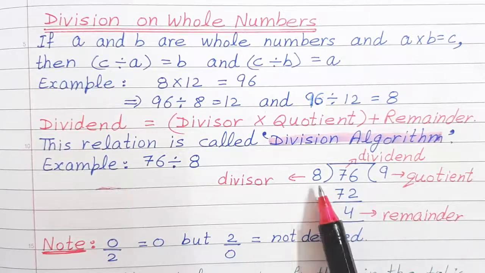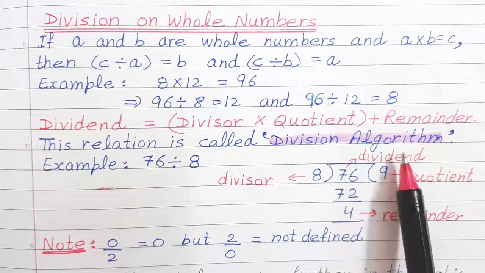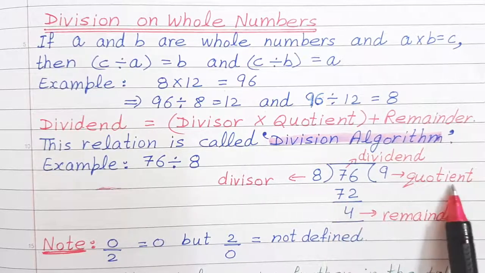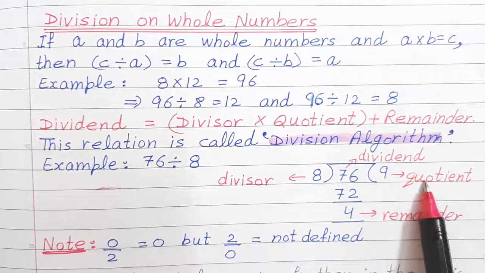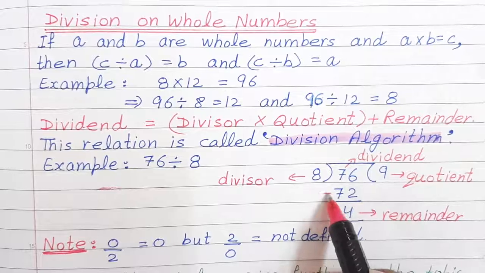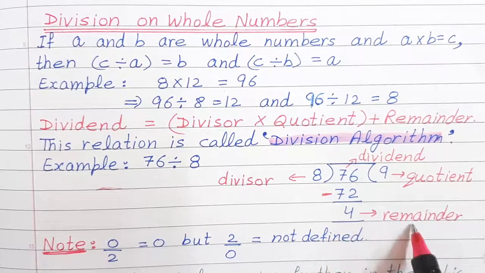Now, here 8 is the divisor, 76 is dividend, and 8 9s are 72. 9 is quotient. Now, 76 minus 72 is equal to 4. So, 4 is here remainder. I hope you have all understood now.